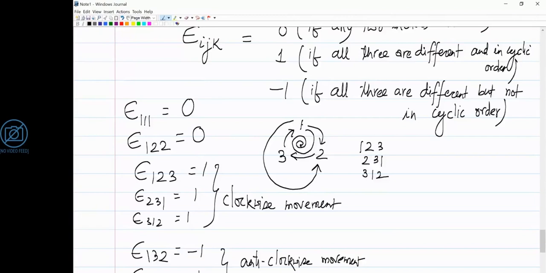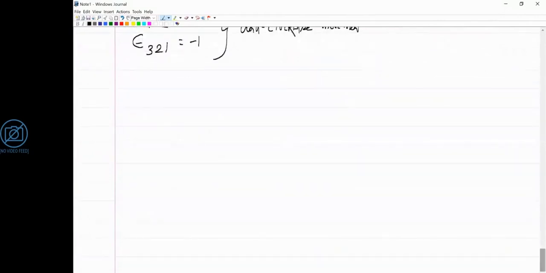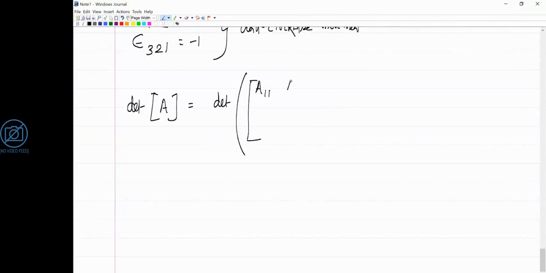Now again, why do we need this epsilon symbol? What is the use of this permutation symbol? You guys know the formula for determinant, isn't it? So the determinant of a matrix, let us say determinant of A, is the determinant of the matrix with rows A11, A12, A13; A21, 22, 23; A31, 32, 33.